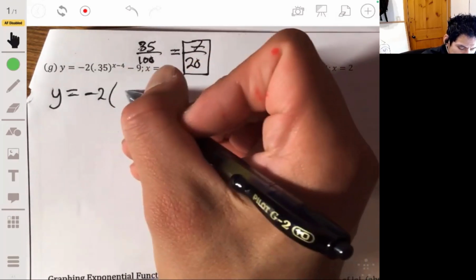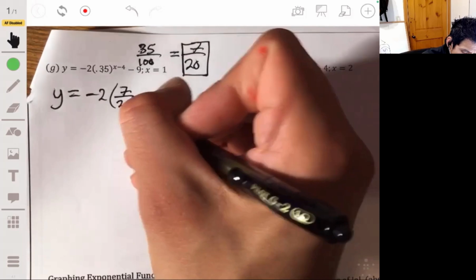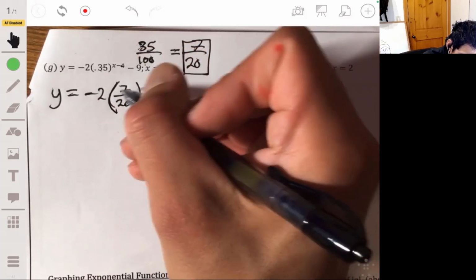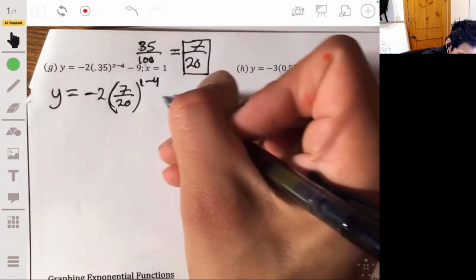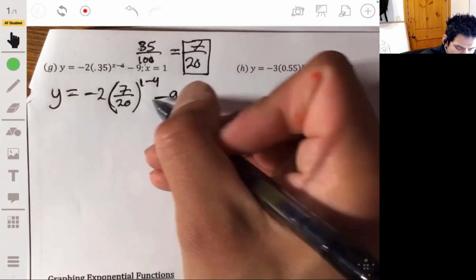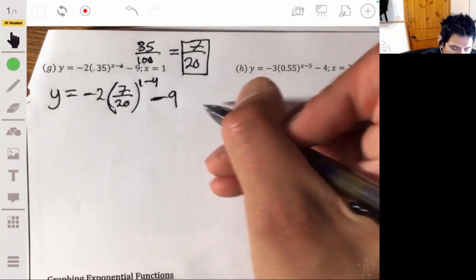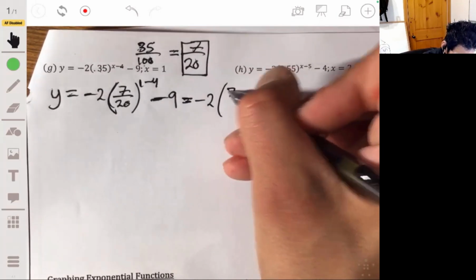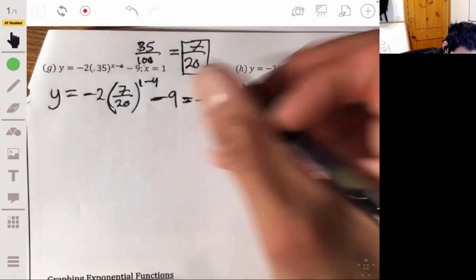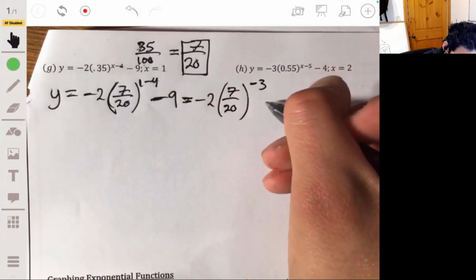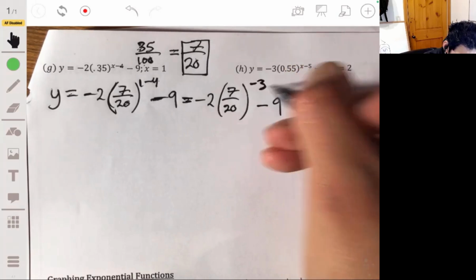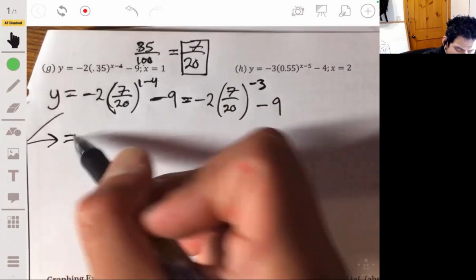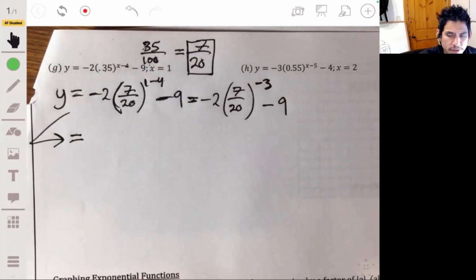So this is the same as negative 2 times 7 over 20 to the x minus 4 power, or 1 minus 4 power in this case, minus 9, which is equal to negative 2 times 7 over 20 to the negative 3 power, minus 9. Jump into the next line. Switching pens.